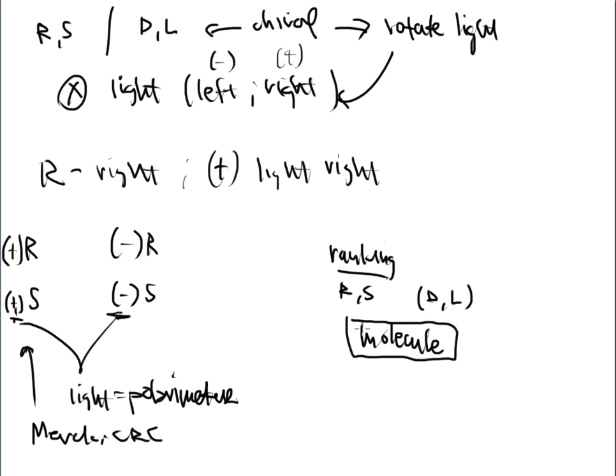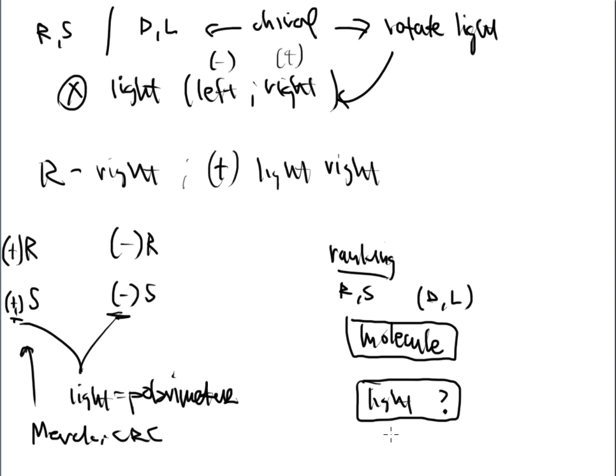That's all that does. When it concerns light, I want you to put a big question mark here, because you cannot determine if that molecule will rotate light left-handed or right-handed, and then you look it up or you actually run it.